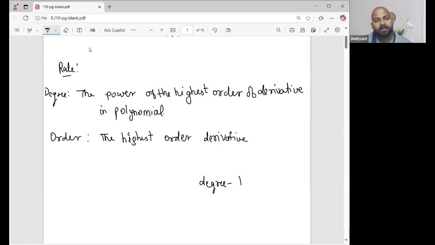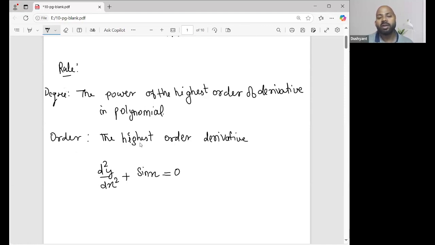So first of all, the degree is the power of the highest order of the derivative in polynomial. Order is the highest order derivative. Means if I have del square y over dx square plus sin x equals 0.